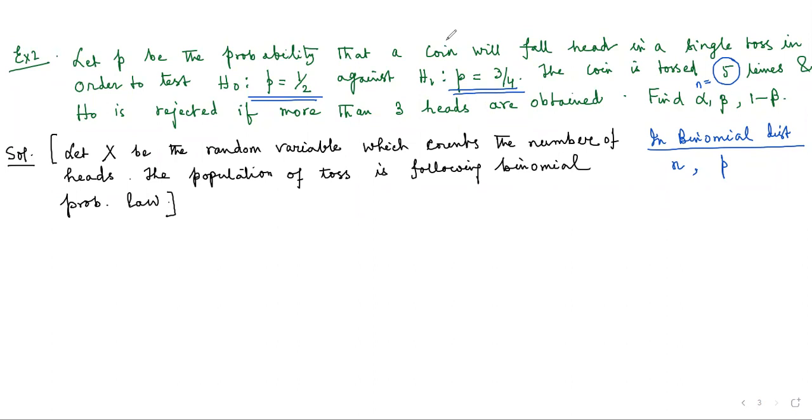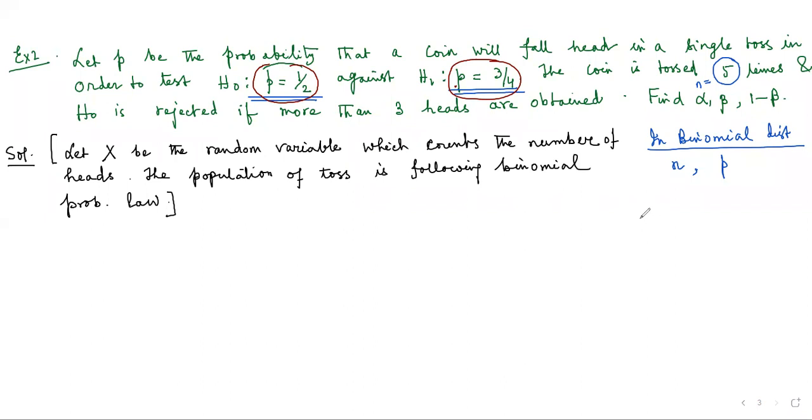Now, one thing that may be hovering in your mind is that in the null hypothesis P equals half, so why have they mentioned in the alternative hypothesis P equals 3/4? Probably you are thinking that in the alternative hypothesis they also have to write P equals half, because this alternative statement is the complementary of the null statement.